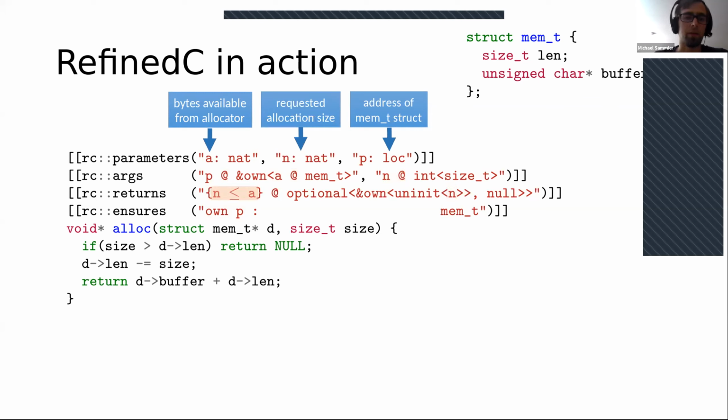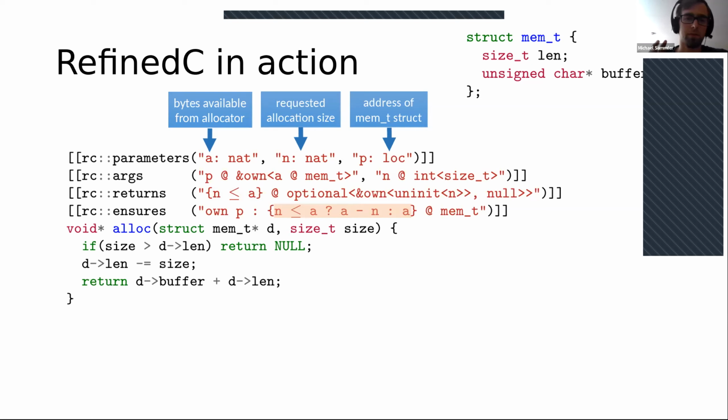And then we can specify the exact condition when this allocation succeeds. Here it succeeds if n is less than or equal to a, so if the requested allocation size is less than or equal to what's available from the allocator. We can also compute how much space is available in the memT structure after this.